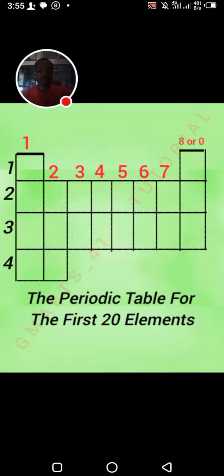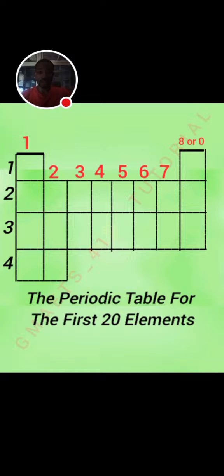All right, I hope that you are following the explanation being given. This is much like the look of the periodic table for the first 20 elements. You can see that here we have 8 groups and 4 periods.